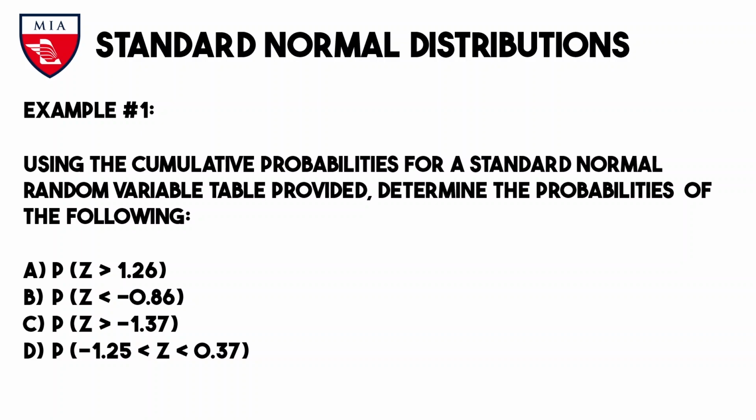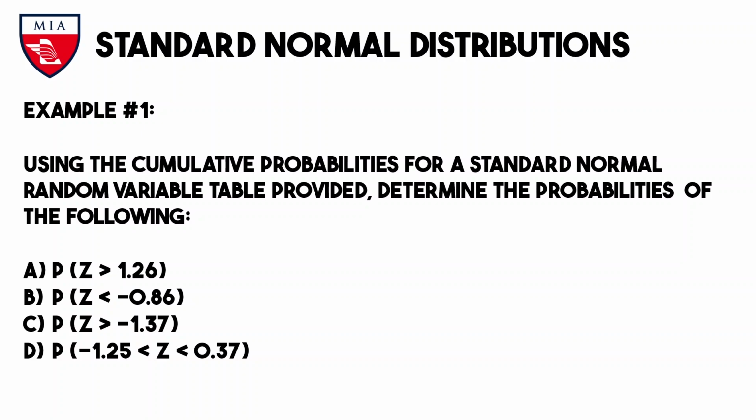Letter C, probability of Z greater than negative 1.37. And lastly, probability of Z greater than negative 1.25 but less than 0.37.